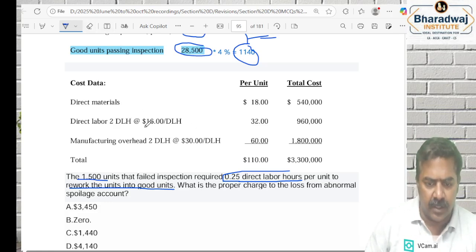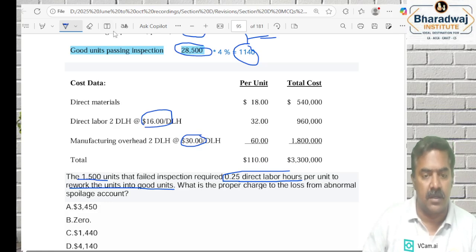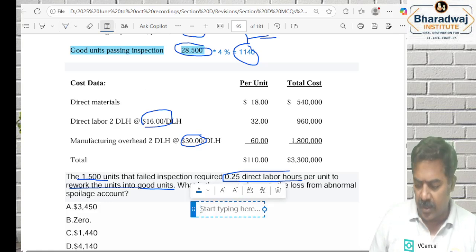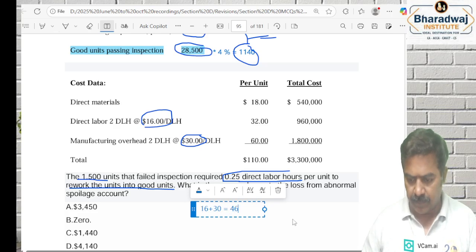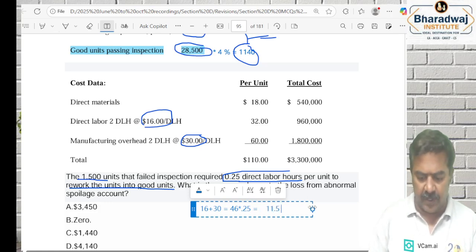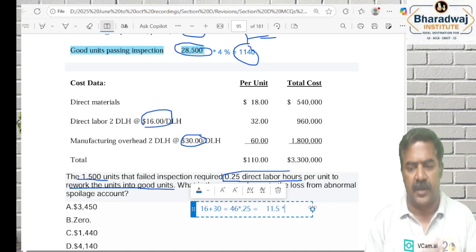Labor cost 16 based on labor hour, and 30 based on labor hour. So 16 plus 30, the total is 46, into 0.25 labor hour.